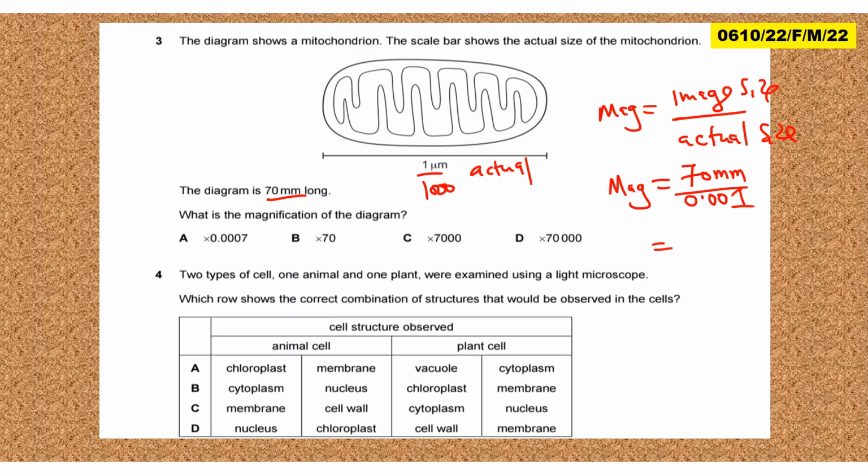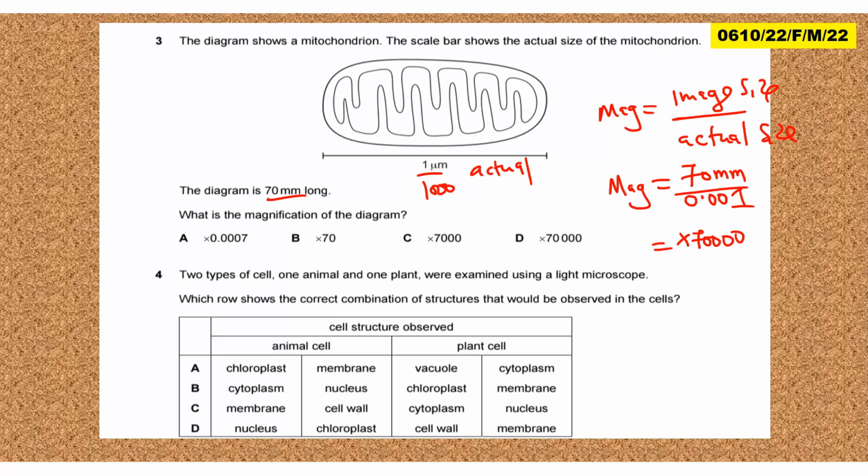Divide here, what are we going to find? 70 divided by 0.001 is giving us 70,000. So magnification is 70,000.